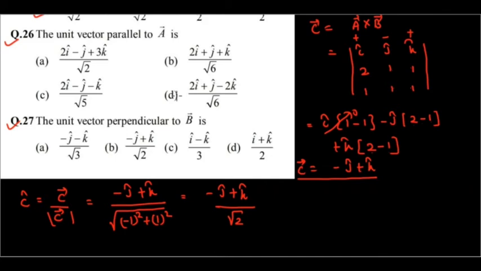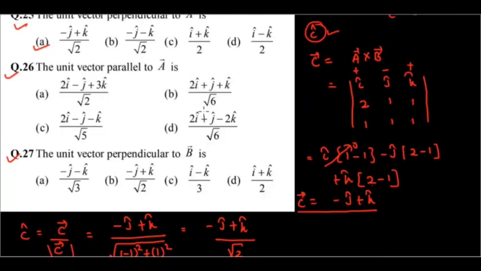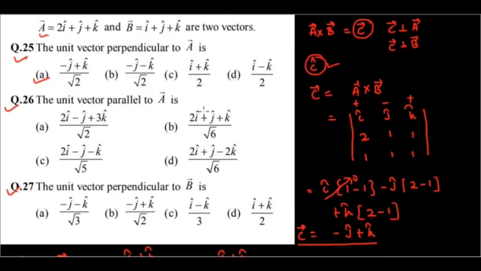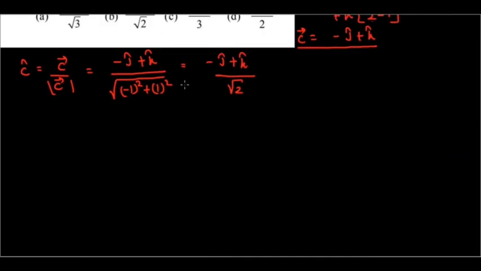A vector is given as 2i cap plus j cap plus k cap. It means which has the same direction as A vector. So indirectly it is asking you to find A cap.